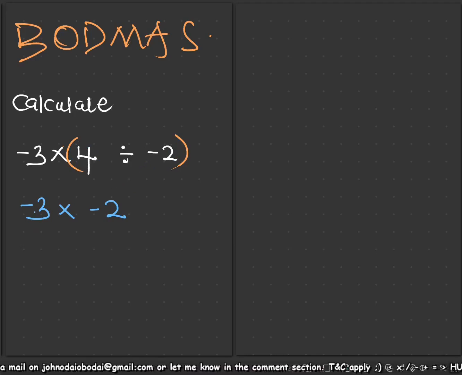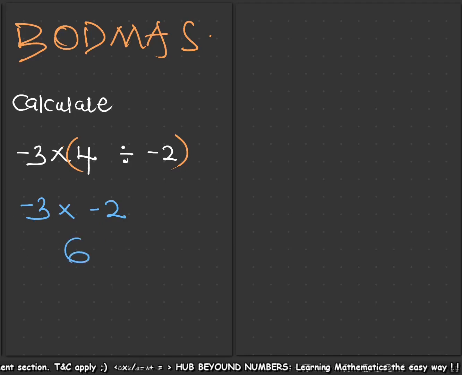After which we are left with what? -3 times -2. That is a negative number times a negative number. That gives us a positive number. So 3 times 2 gives us a 6. And we are good to go. You see how simple it is?